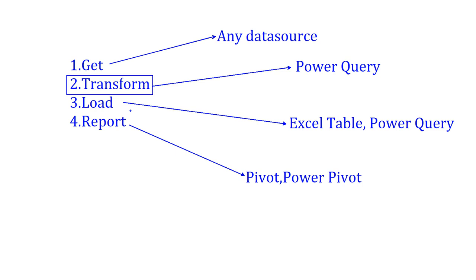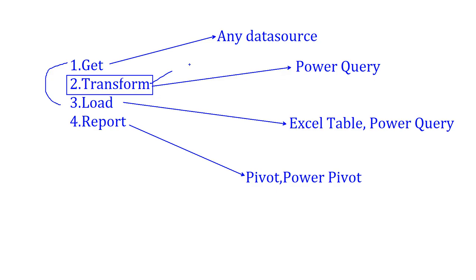But in Excel, we have an option to get and load also. If you are 100% sure your data is clean, your data is perfect, no problem, straight away you can get and load. But I recommend always following that hierarchy, get, transform, load, because we don't know whether there is a problem in our source data.